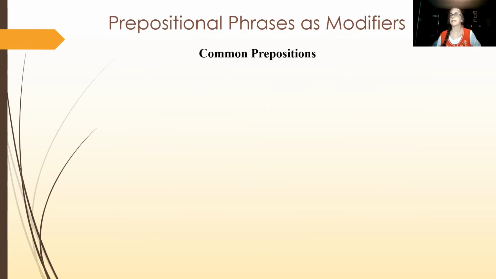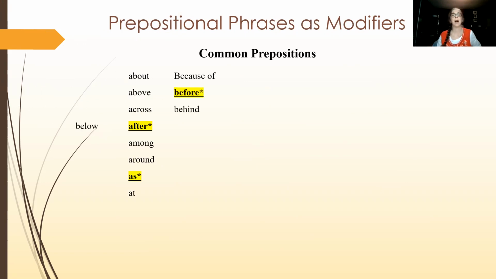So let's look at these common prepositions. About, above, across, after, among, around, as, at, because of, before, behind, below, beneath, beside, between, by, during. A lot of people don't realize that that looks like an ing word. It is, ends in ing, but it's actually a preposition.